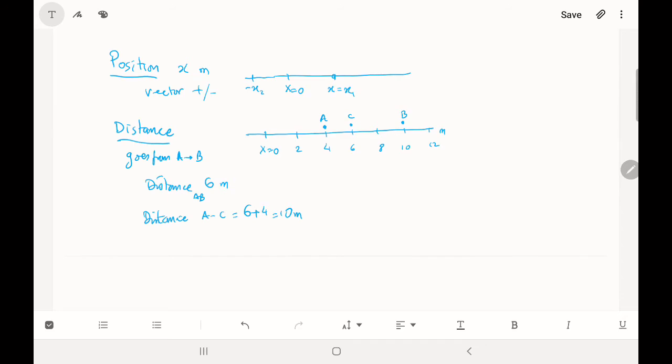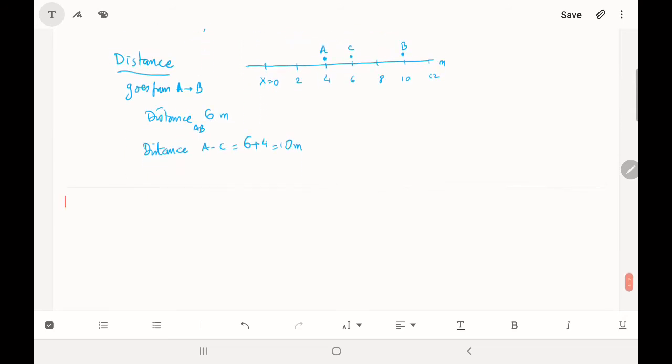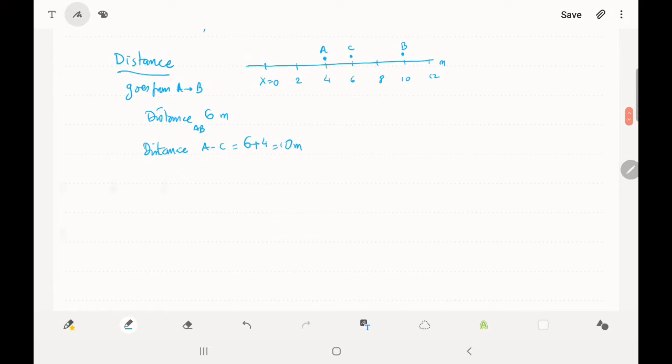Now with this, we define what we call the average speed. The average speed is the distance traveled over the time taken to travel that distance.